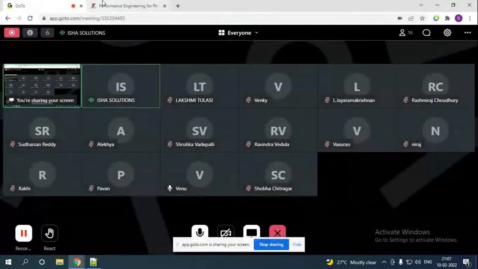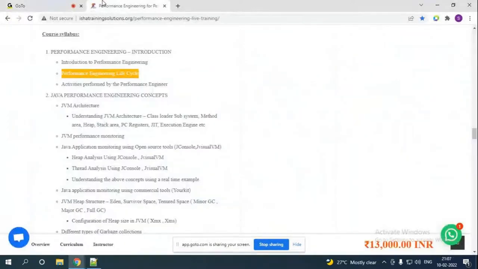So here we are going to learn the performance engineering life cycle, and then the activities performed by performance engineers, because that is also very important. Where is the performance engineers' contribution? Is it in the UI layer, the app layer, the DB layer, the infra layer?